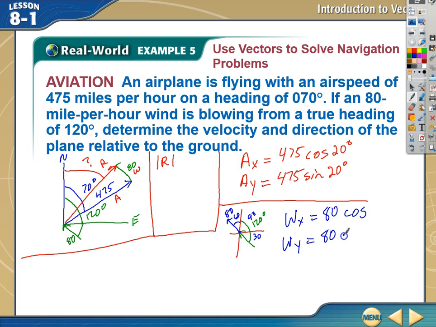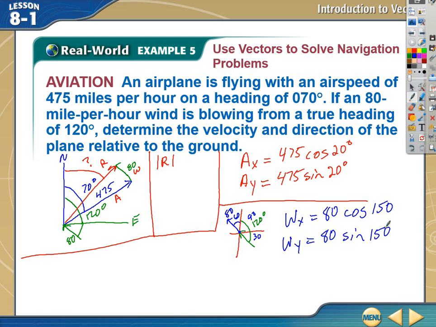I know this is 80 sine. But what's the degree measure? From the x-axis to the vector. So x-axis, you get 90 degrees plus another 60. That's 150 degrees. 150 degrees.